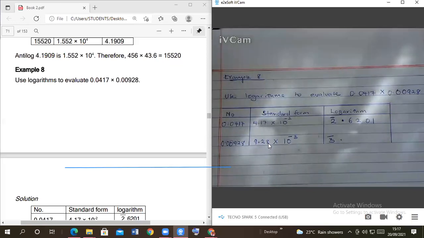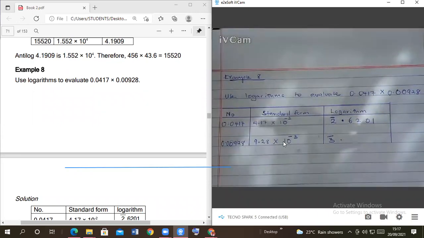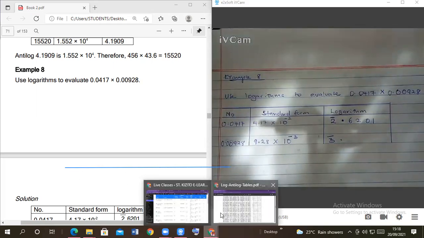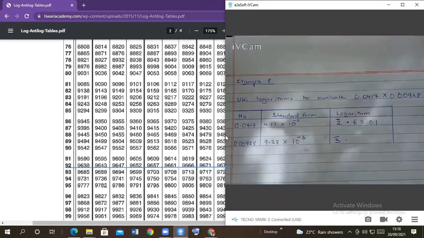So we have standardized and I've got 9.28, isn't it? Times 10 to the power negative 3. So we have to look for the log of this. To get the log of this, I want you to look very well here. This is 9, 2.